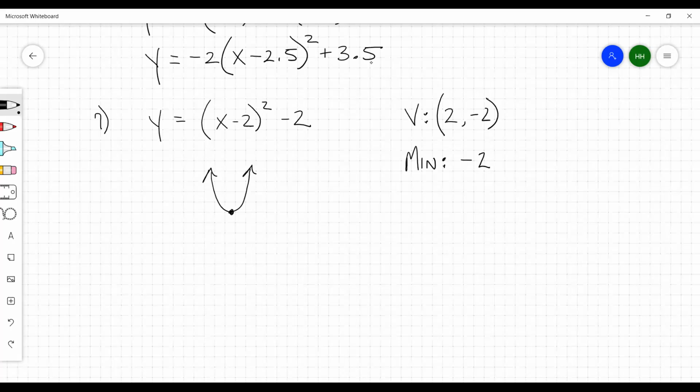Y at the vertex is your minimum or maximum value. The domain, those are the x's in this function. You can put in anything you want for x in this function. All right, so this is all real numbers.